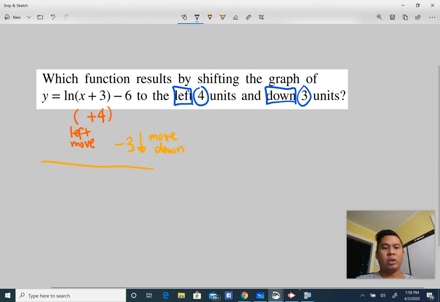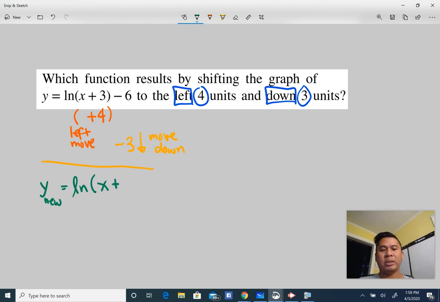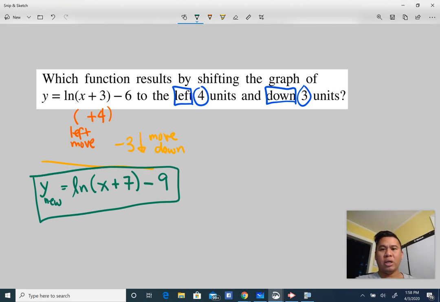Getting the result, the new function is equal to the ln, or the natural logarithm, of x plus 3 plus 4 is 7, minus 6 minus 3 is 9. So that will be my new function in this particular case.